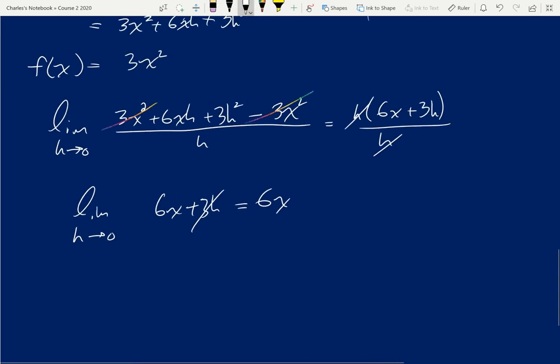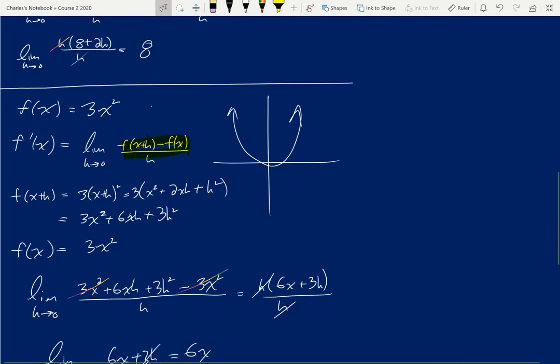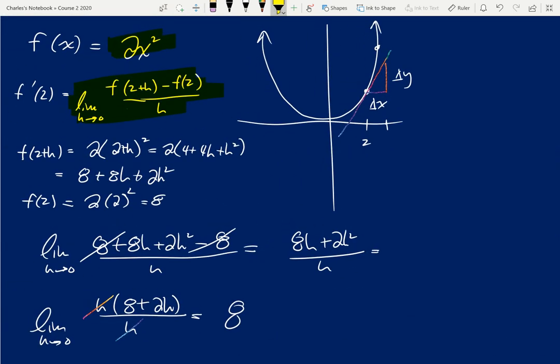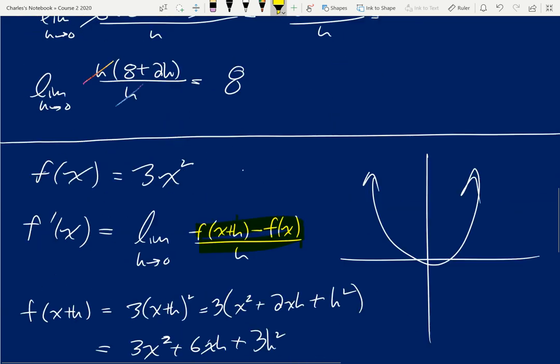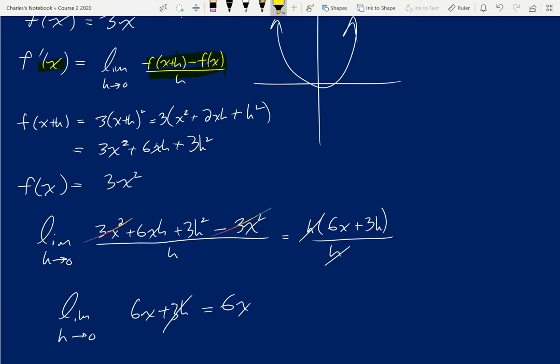Which means now that I've left it abstract. And what I mean by that, the first time when I did this, I plugged in a number and I was looking for the tangent to the curve at a specific point. That number was 2. This second time I've done it, I've kept it abstract. X represents a variable.